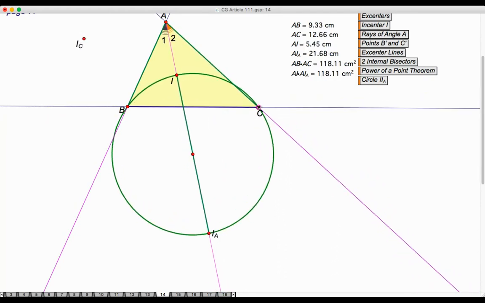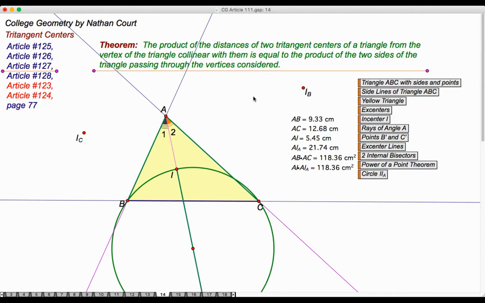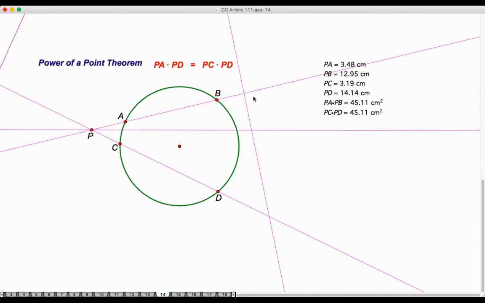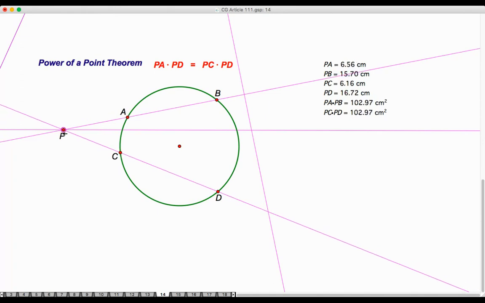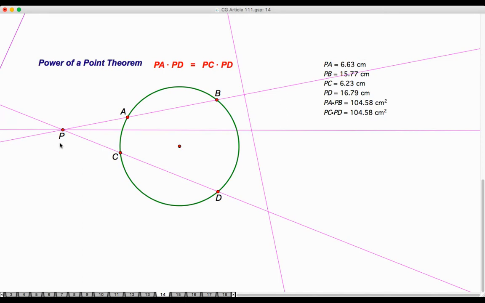Okay, so however, to prove this, it seems that the only thing that I need is the power of a point theorem. Okay, and let us recall the power of a point theorem. P can be located outside of a circle, or P may be inside a circle. But no matter what, the power of point P is equal to the product of PA times PB, which is equal to the product of PC times PD.